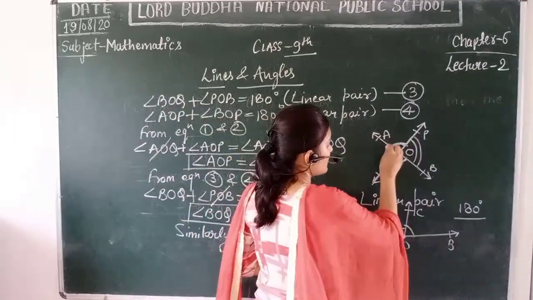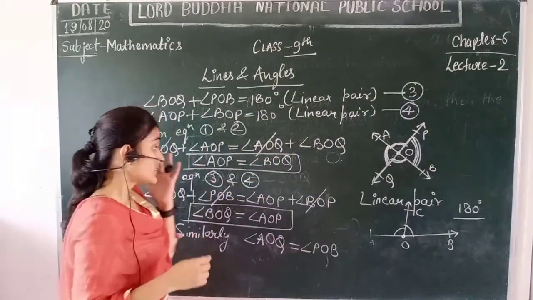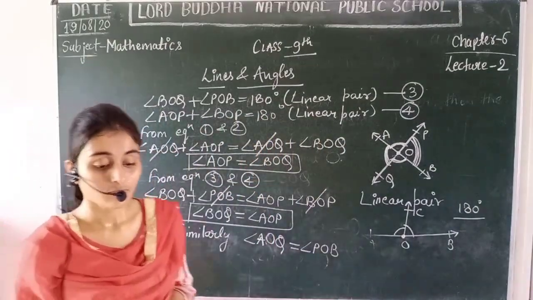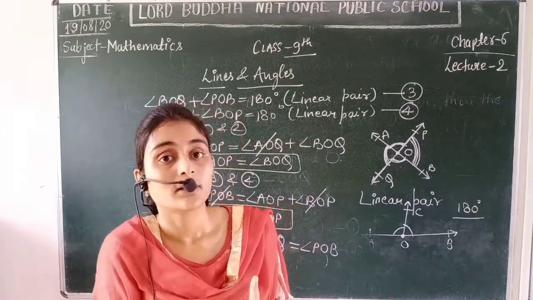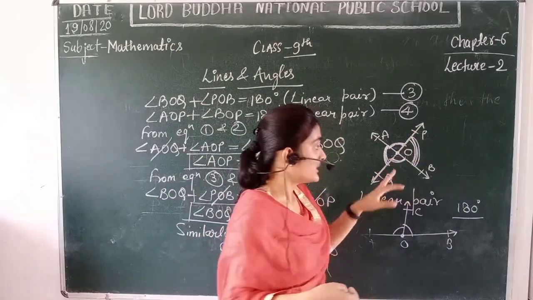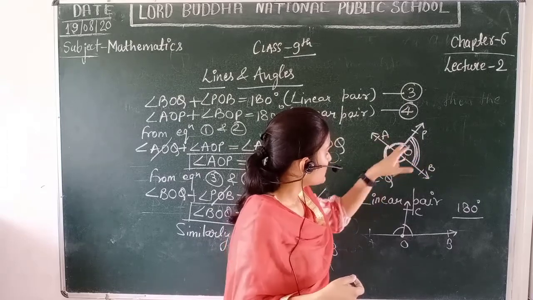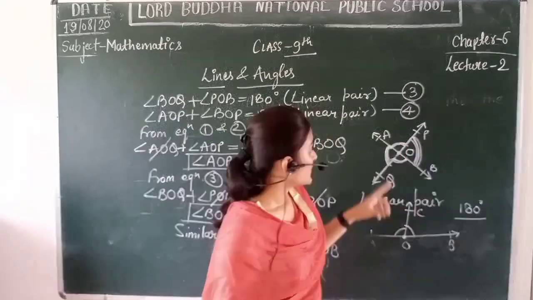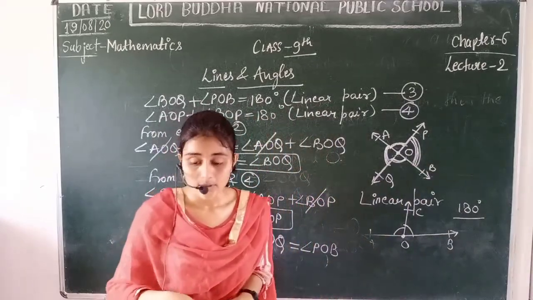AOQ and POB will also be equal in a similar way. So this is the proof of your first theorem. What was the theorem? If two lines intersect each other, then the vertically opposite angles are equal. Two lines AB and PQ intersect at O. We got two pairs of opposite angles, AOP and BOQ, and the second pair is AOQ and POB. Both will be equal, right?